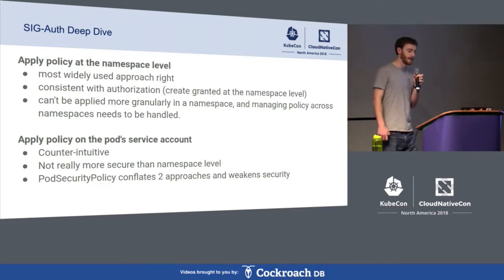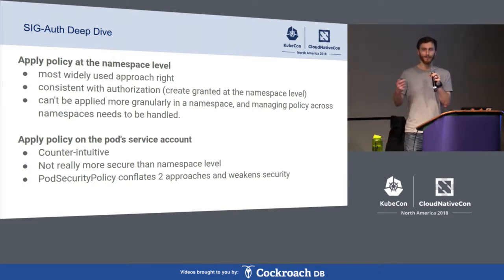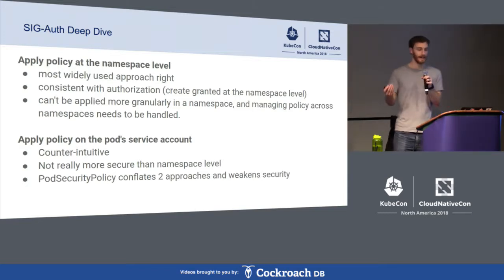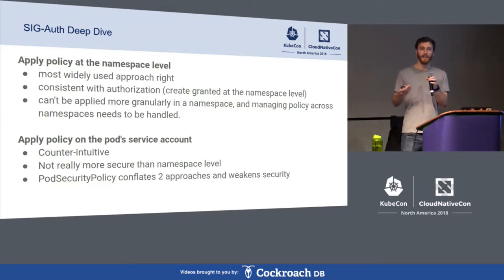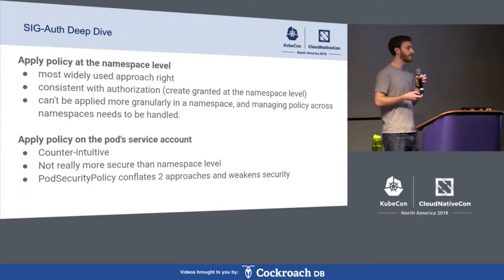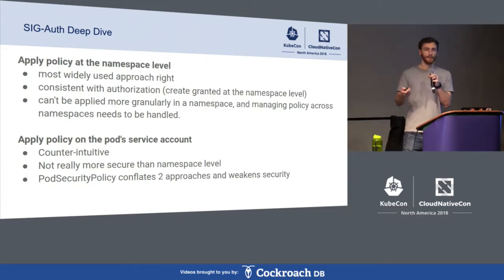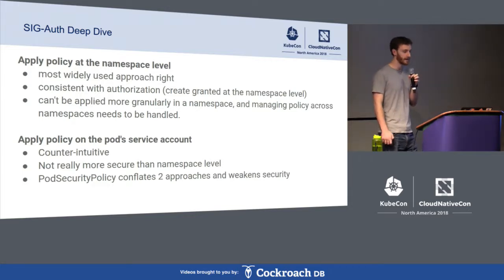And pod security policy, I'll mention also because it conflates this with also checking the user, it actually ends up with weaker security. So for instance, if you want to run a privileged pod that needs to create other pods in other namespaces, that means that any pod that privileged pod creates is also going to be able to be privileged potentially, since you have to have a privileged pod security policy to run that privileged pod in the first place.